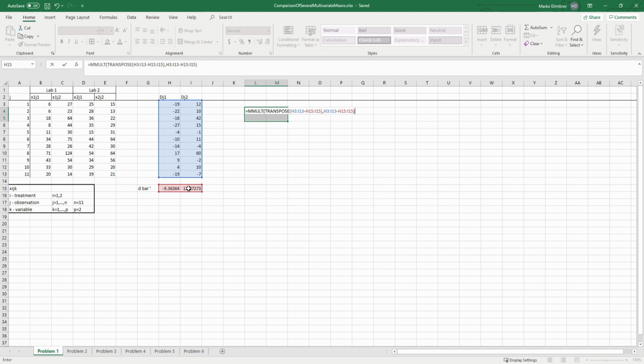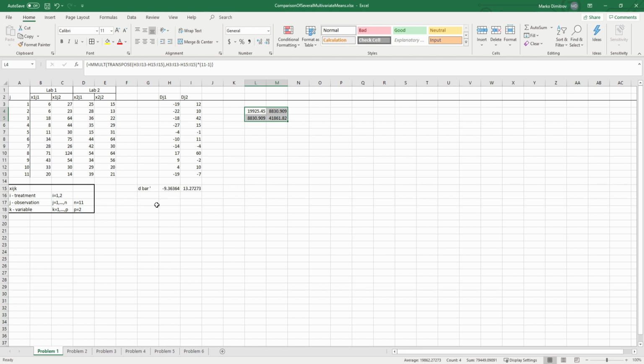Basically what we have done so far many times, divided by 11 minus 1. Control Shift Enter. Not times, divided by. You can always see that you have made a mistake when you see larger numbers. So it needs to be divided.